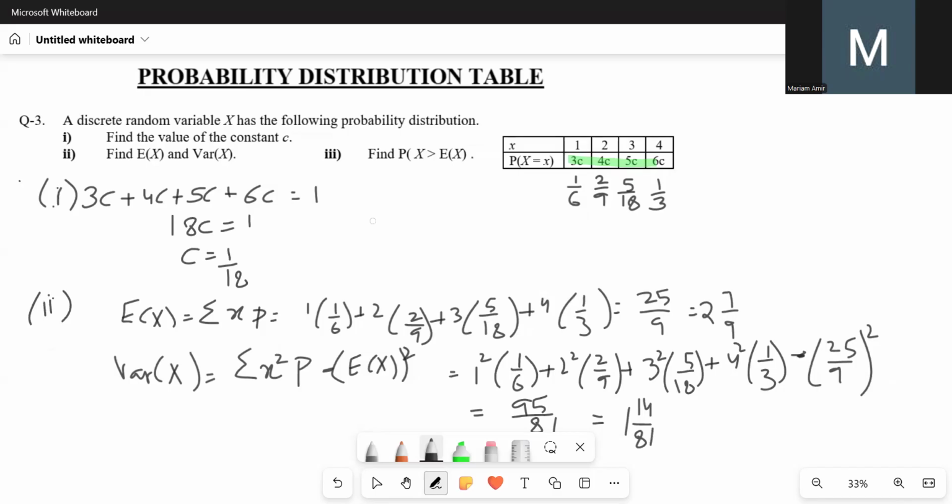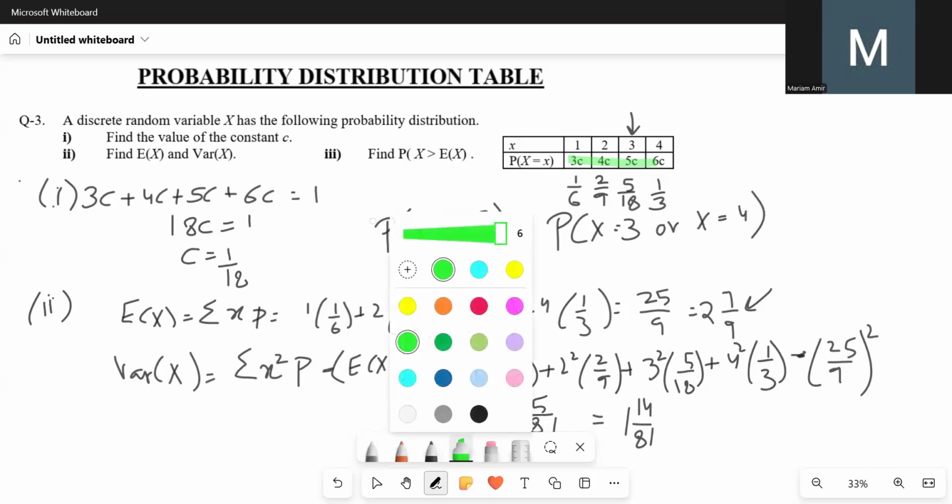Part 3, find the probability that x is greater than ex. So the x, these are the x. X is greater than ex. Ex is 2 whole 7 by 9. So that means probability x is equals to either 3 or x is equals to 4.